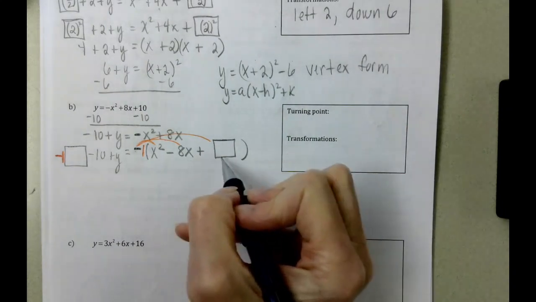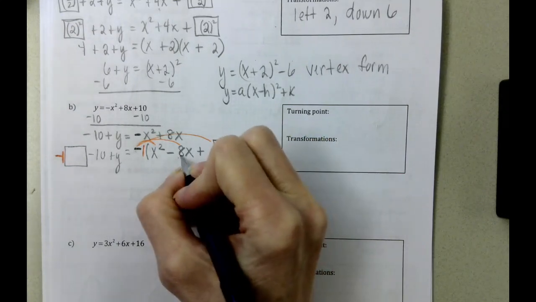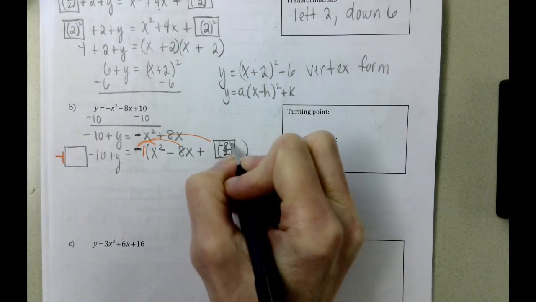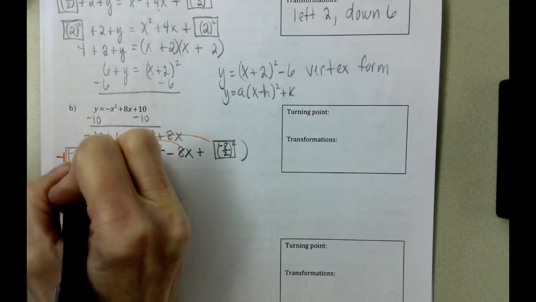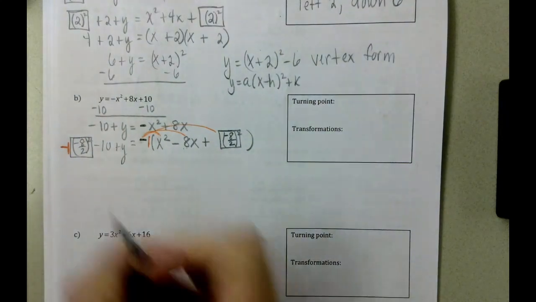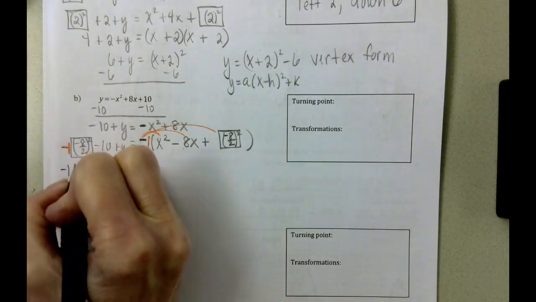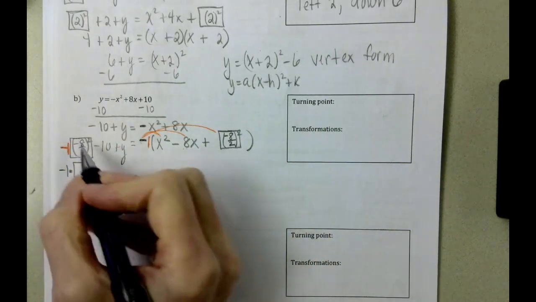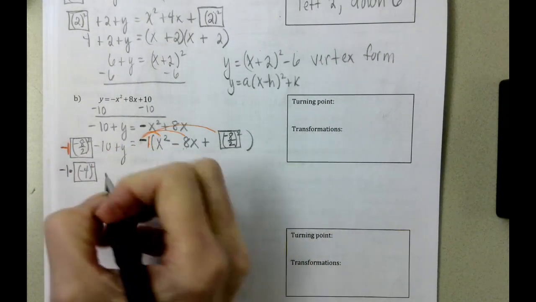We're going to look in front of this box, and what's going to go in here is negative 8, the value, including the sign of the number in front of the box, negative 8 divided by 2 squared. Well, we can simplify that a little bit. We still have our negative 1 out here. It's going to be multiplied by that box, and negative 8 divided by 2 is negative 4 squared.